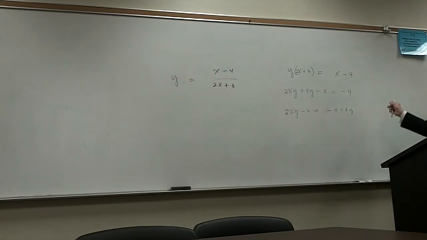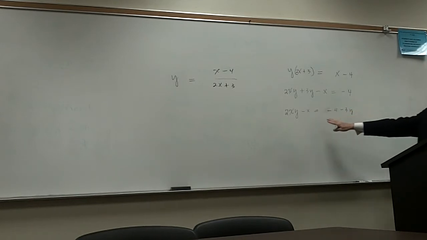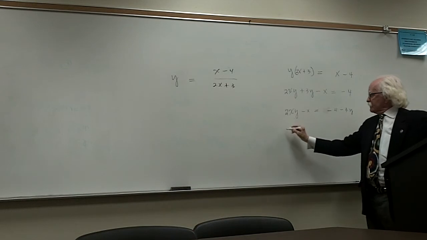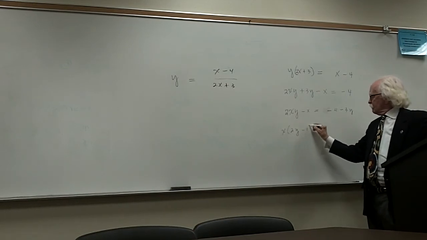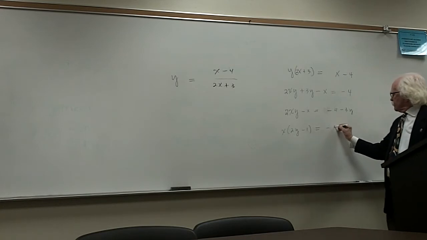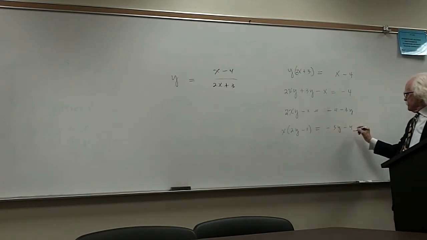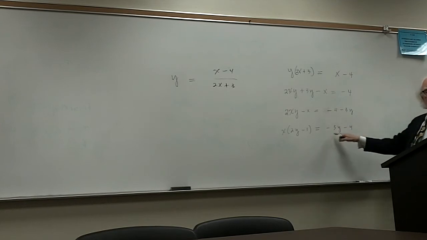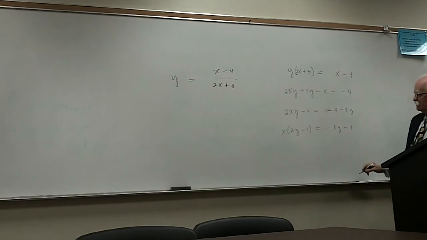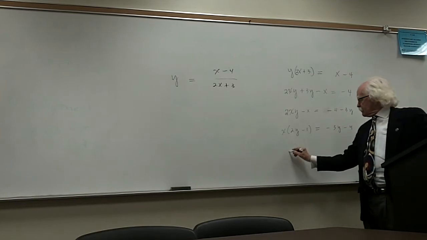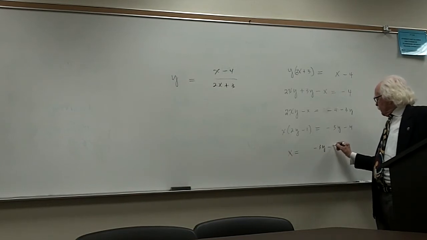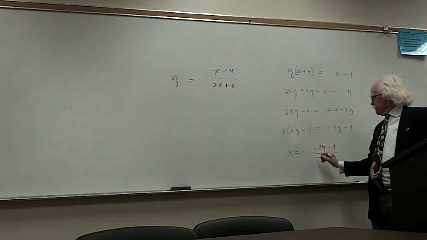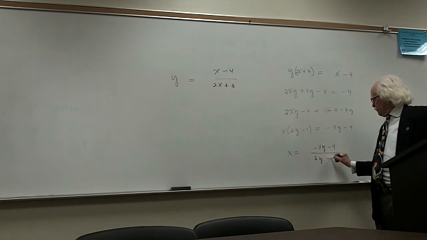So, is everybody with me so far? At this point, we can factor out an x. You can put the y's first if you like, put it around the other way. And now x is equal to minus 3y minus 4 divided by 2y minus 1.